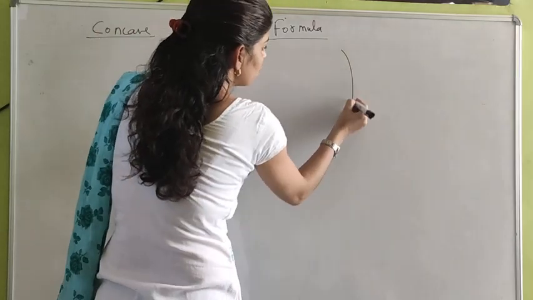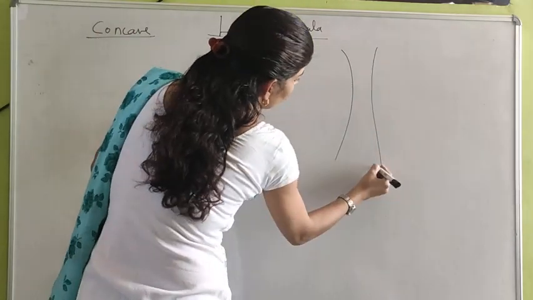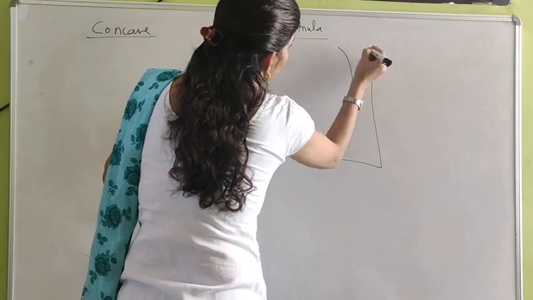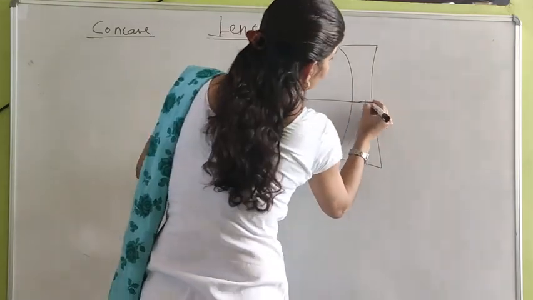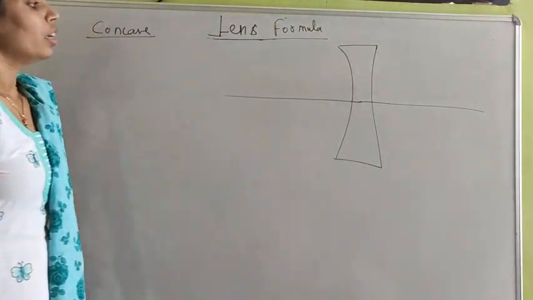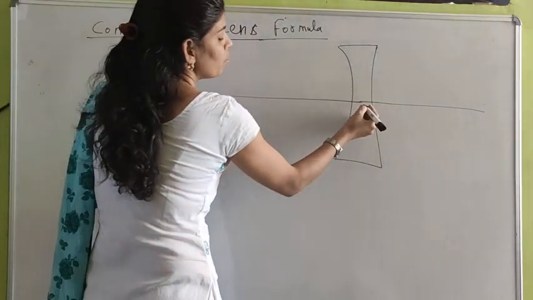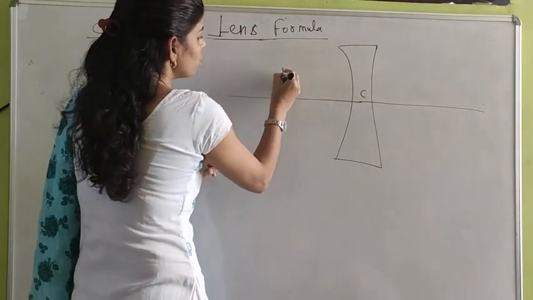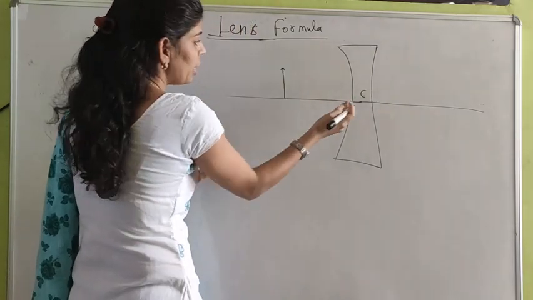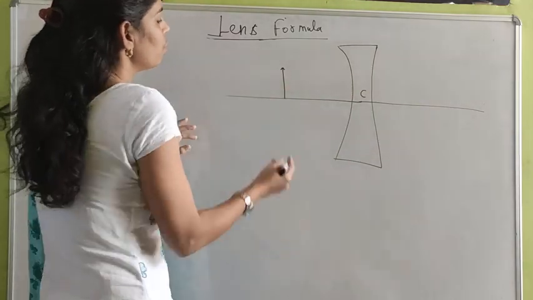So this is a concave lens, this is optical center. Through the optical center we have marked a line, this is known as principal axis. Suppose this is object placed somewhere in front of lens.